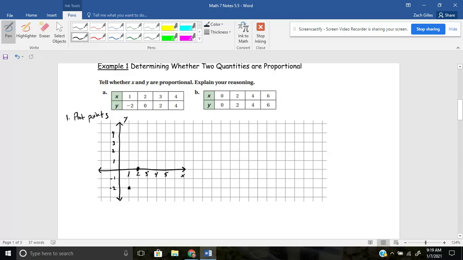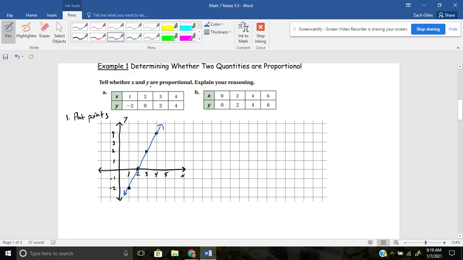When x is 3, y is 2. And when x is 4, y is 4. I'll use a different color, hopefully, to show that a little bit clearer. And my line continues on and on. So there's my graph.